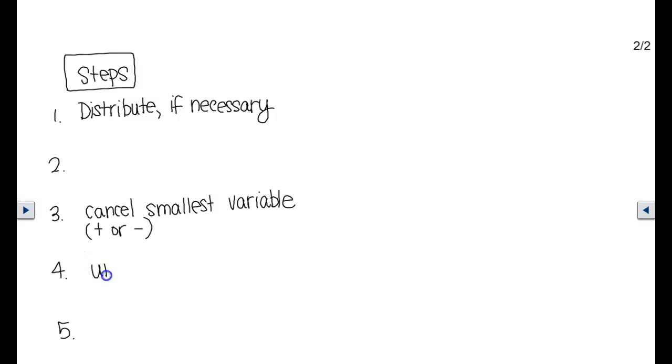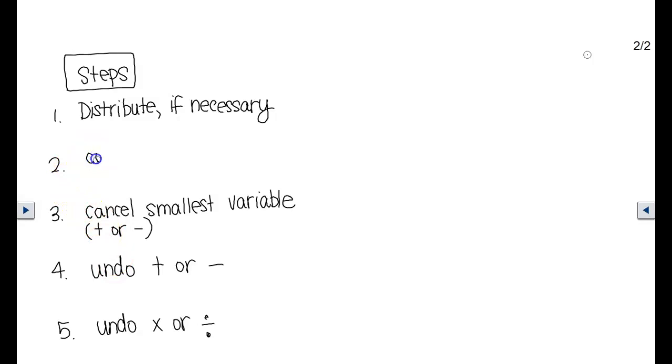And then these last 2 steps are to undo addition or subtraction, and then to undo multiplication or division. So on Monday and Tuesday this week, when you were doing your 4-step equations, the 4 steps that I have up here on the board right now are the 4 steps that you were doing. So number 2 is going to be the new step that we're going to add today.